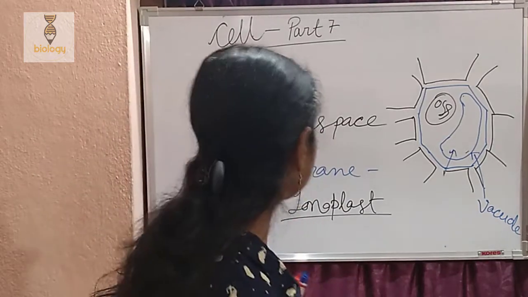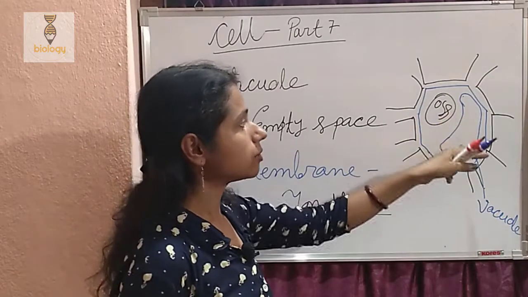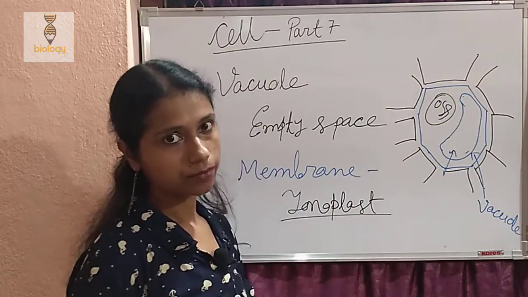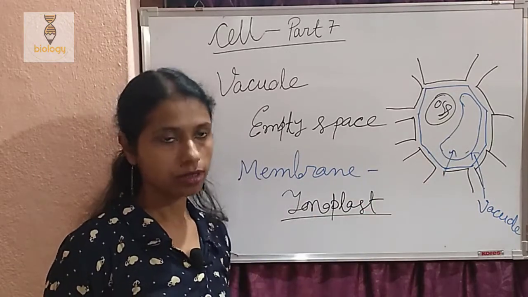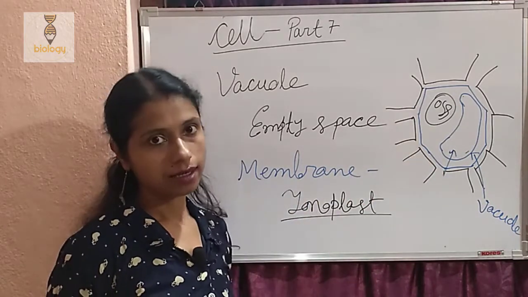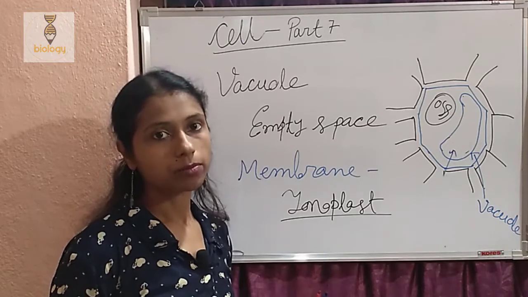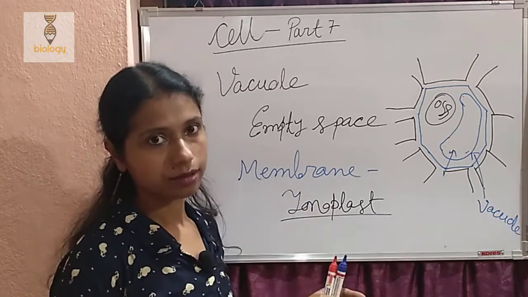Now in the case of plant cell and animal cell, there is a difference in the vacuole. In animal cells, there are so many small vacuoles. But in a plant cell, there is one single vacuole present, and that is very big.